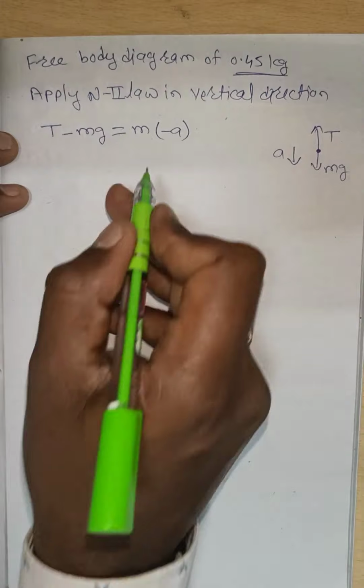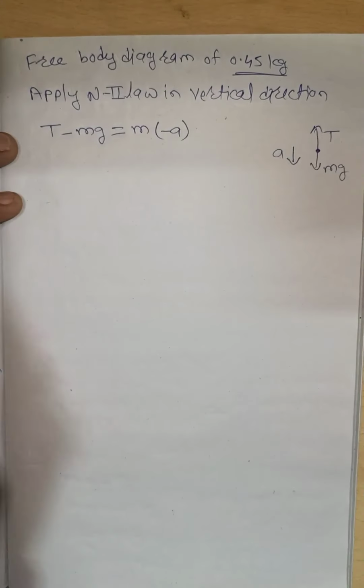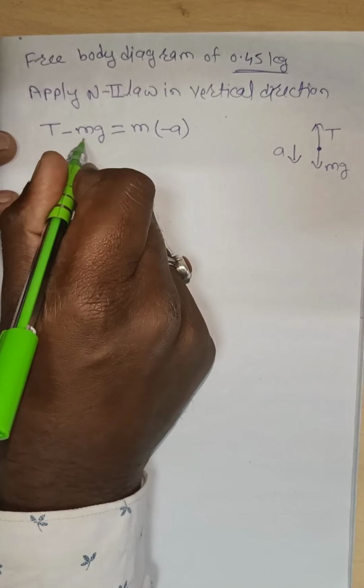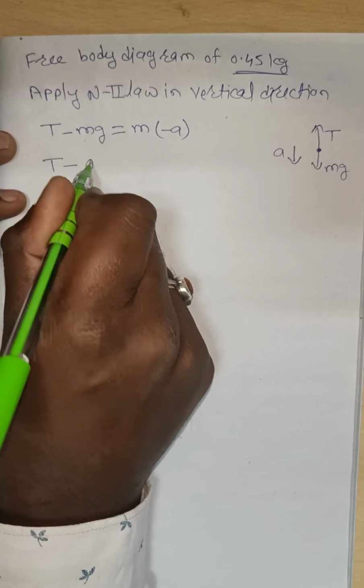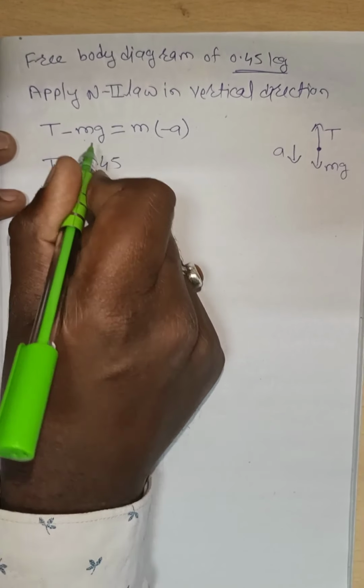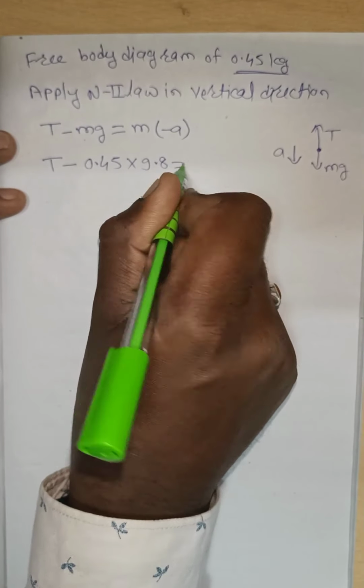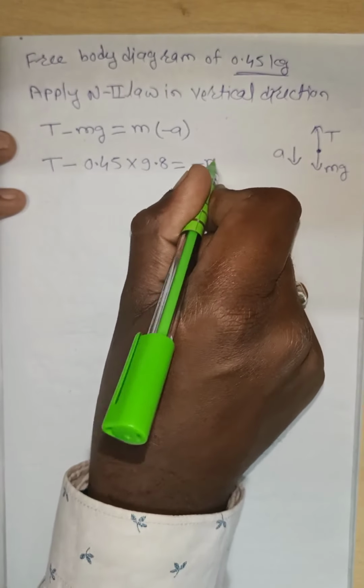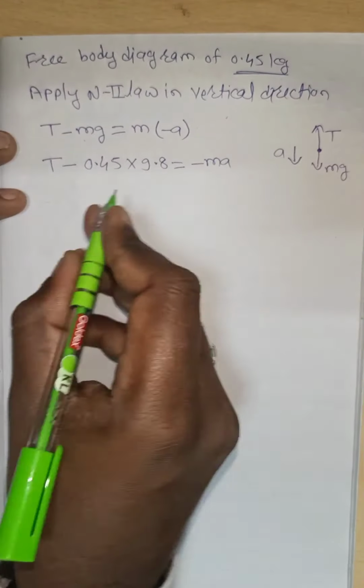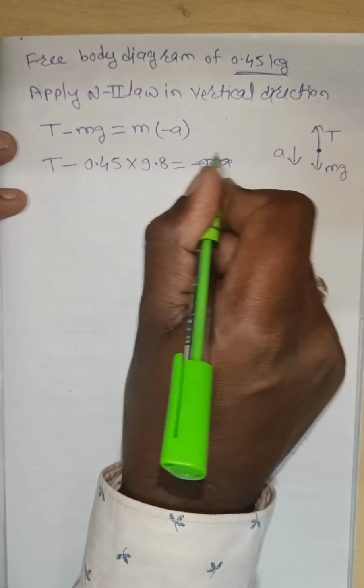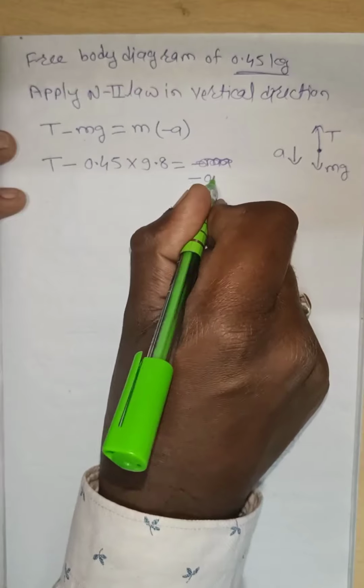Therefore T minus, what is the small mass? Small mass is 0.45 kg and acceleration due to gravity is 9.8, which is equal to minus m into a, that is minus 0.45 into a.